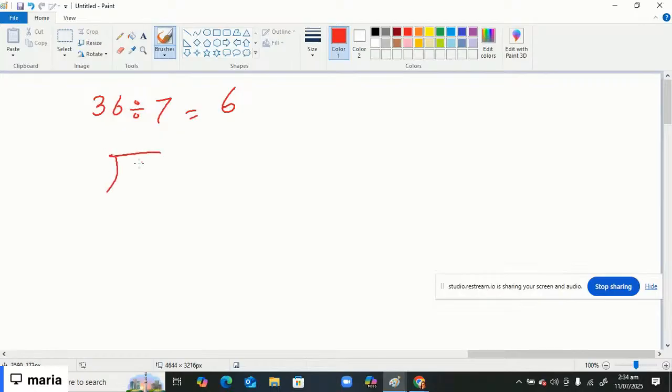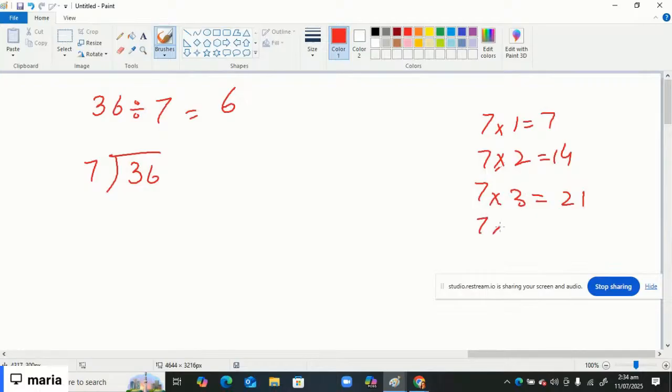When you're going to divide 36 by 7, what is the answer? 7 times 1 is 7. 7 times 2 is 14. 7 times 3 is 21. 7 times 4 is 28.